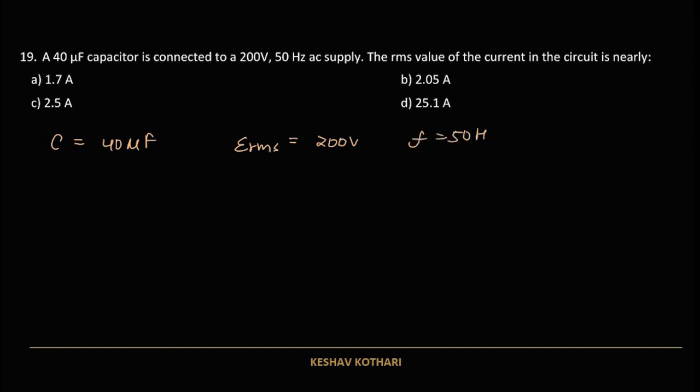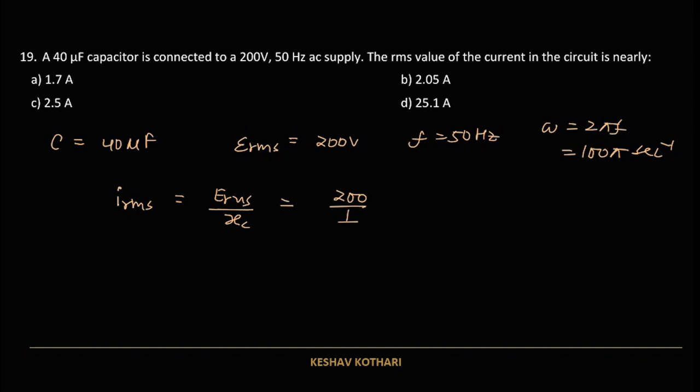So from here we can write that omega is equal to 2 pi f, that is equal to 100 pi second to the power minus 1, and we can say that I RMS is equal to E RMS upon reactance of the capacitor, that is 200 upon 1 by omega C.